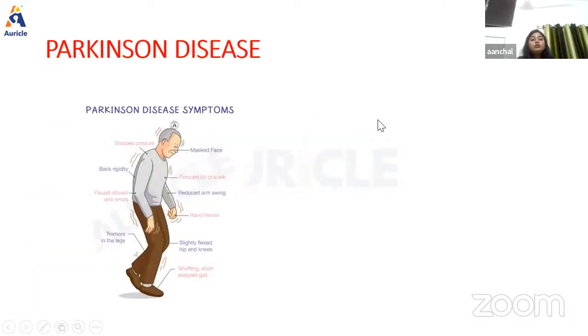Okay, now we're going to learn another important clinical disorder, that is Parkinson's disease. So what is Parkinson's disease? This is a slowly progressive degenerative disease of the nervous system.